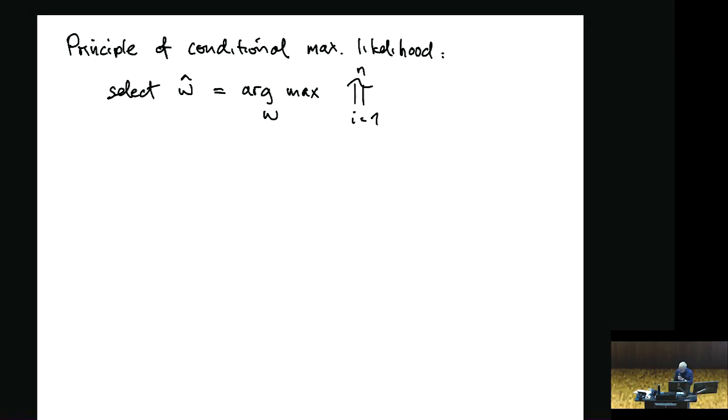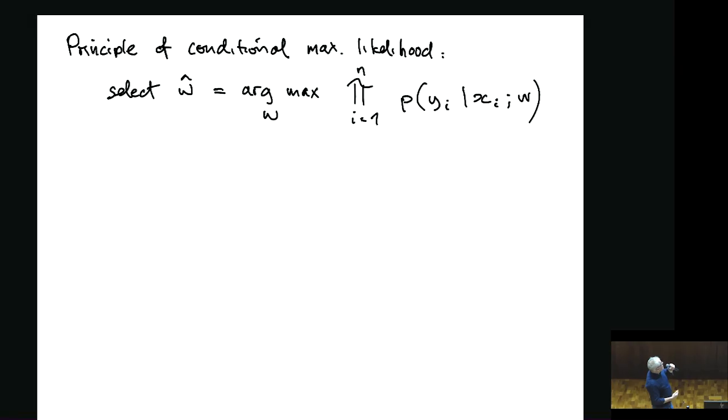I'm going to use little n, though I think I use big N in the slides. It's the probability of y_i given x_i, parameterized by w. The data is fixed, the y's and the x's are fixed. This expression says, go off and find a w that maximizes this thing, which is just a product of all the probabilities.